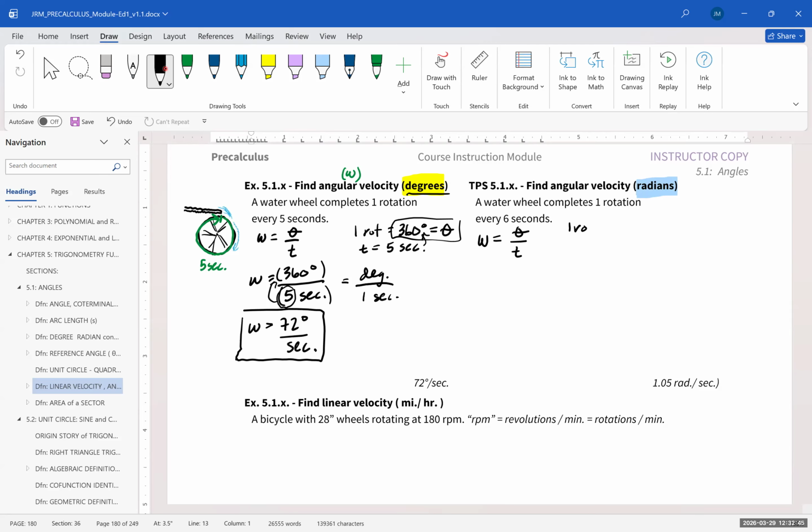Now, one rotation around the water wheel isn't going to be 360 degrees. It's going to be 2 pi radians. So that is going to be our theta. And our amount of time that it took to do one full rotation was 6 seconds.